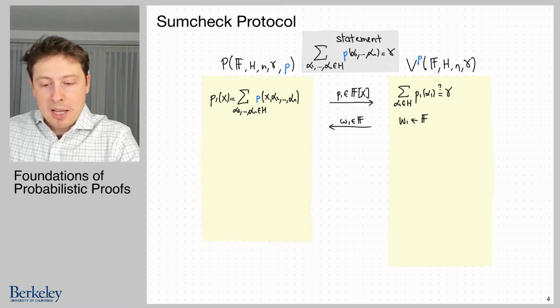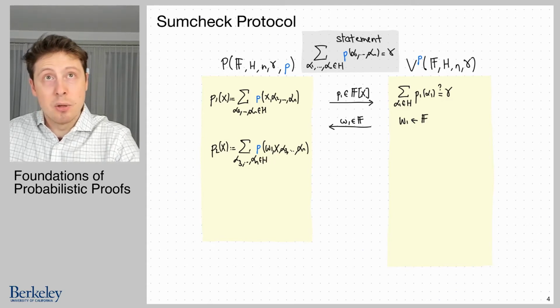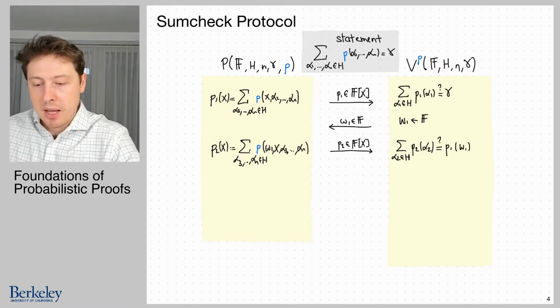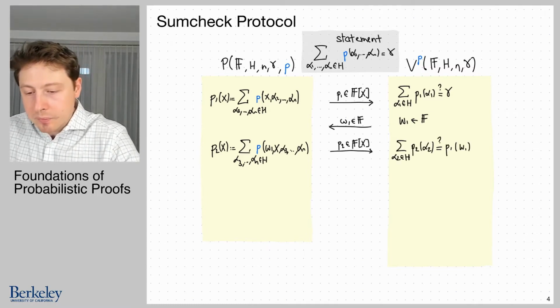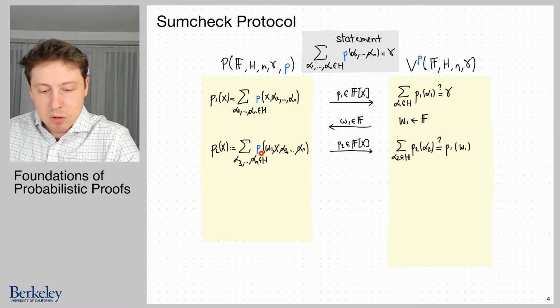Now the verifier is going to sample a random field element and send it over to the prover. And the prover will fix the first variable at the randomness sent by the verifier and sum over everything but the second variable. So this leads again to another univariate polynomial. The prover is going to send it, and again, from the perspective of the verifier, the prover is sending some univariate polynomial that claims to be the original polynomial with the first variable fixed at w1.